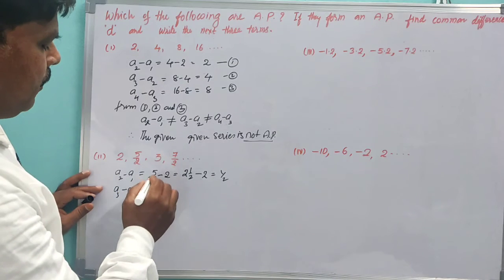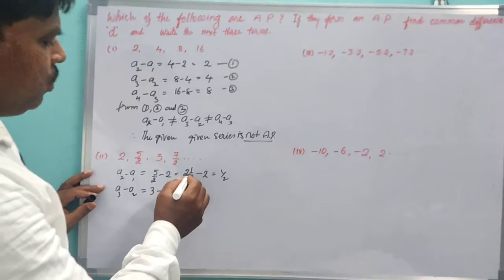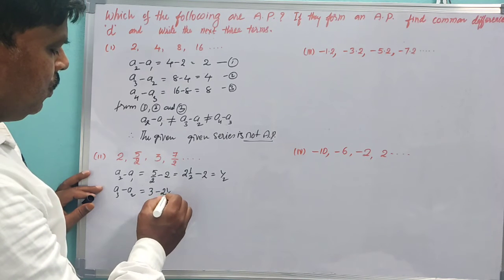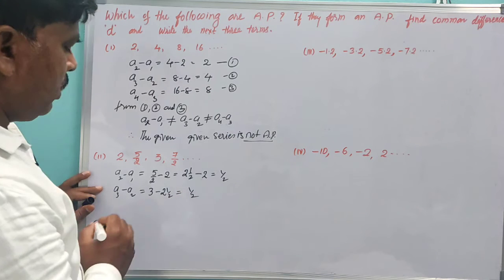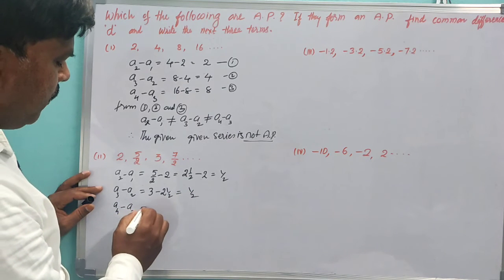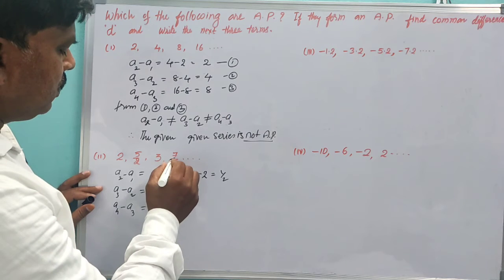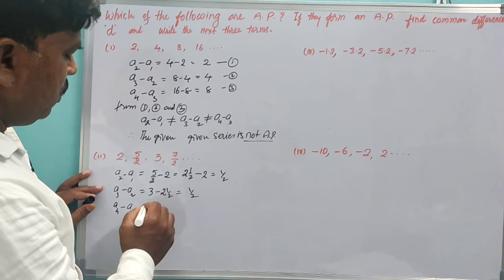What is a3? 3, minus a2. What is a2? 2 and half. Okay. So 3 minus 2 and half is equal to 1 by 2, and a4 minus a3.